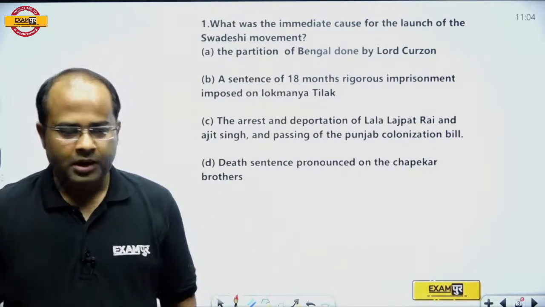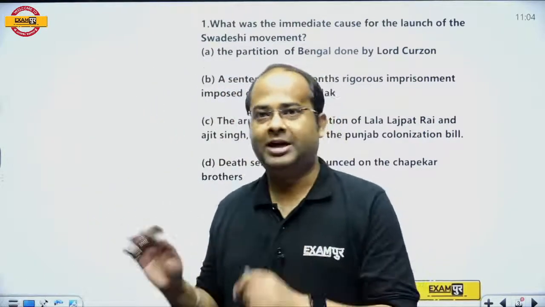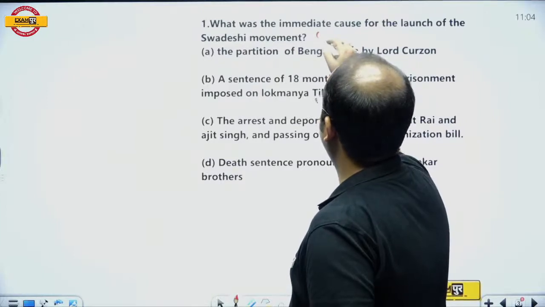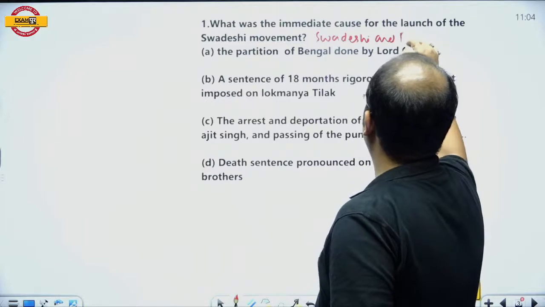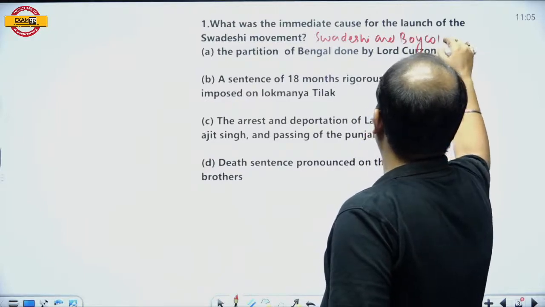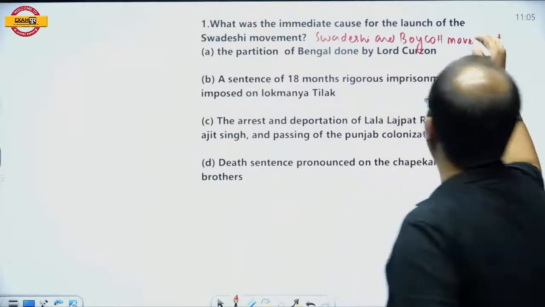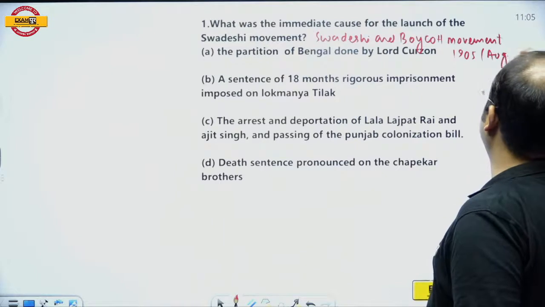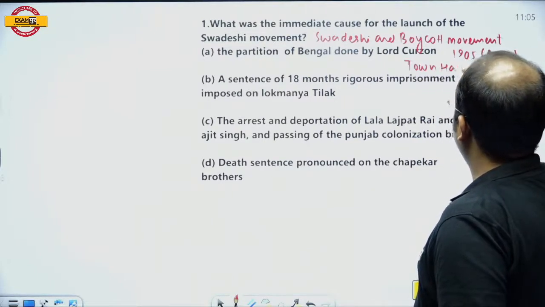Now, guys, if I talk about the Swadeshi and boycott movement, that was started in August 1905 from Town Hall, Calcutta.